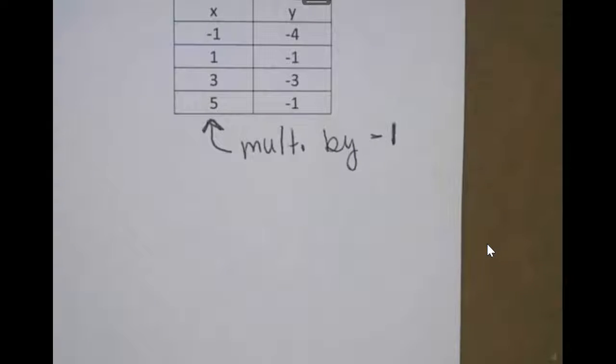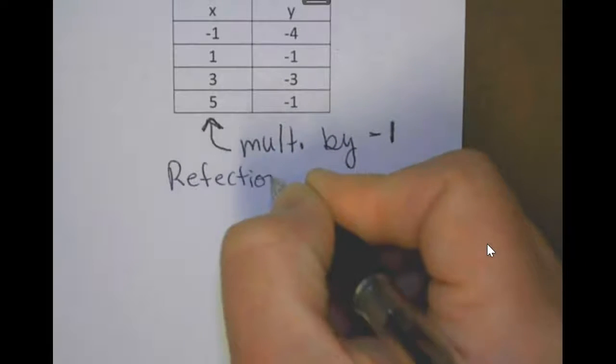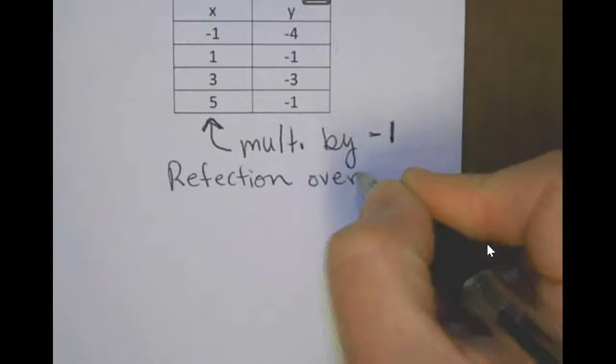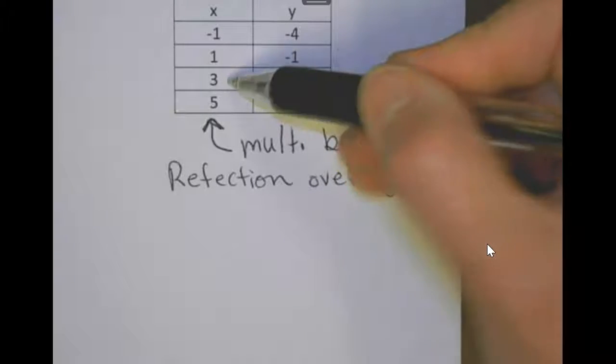The reason that makes a reflection over y is because the y numbers stay the same. And so the x numbers flip over and the y numbers stay the same. And so this will make a reflection over y. Okay, what do I get if I multiply these by -1?